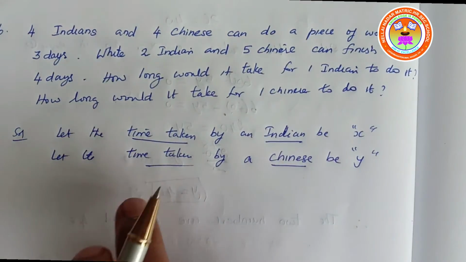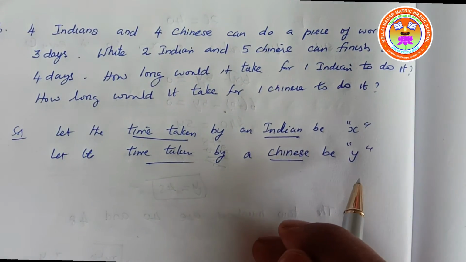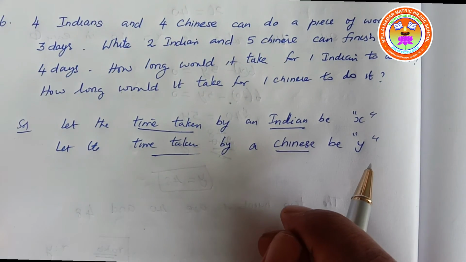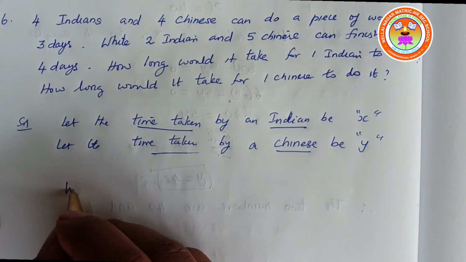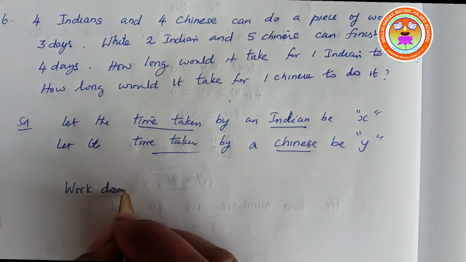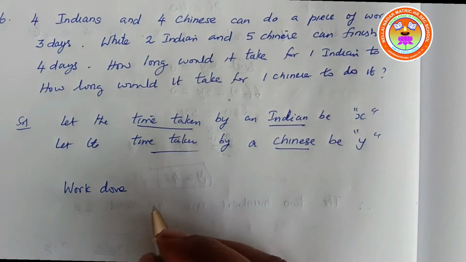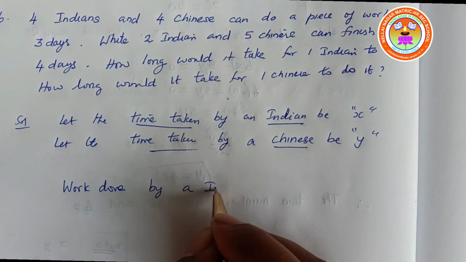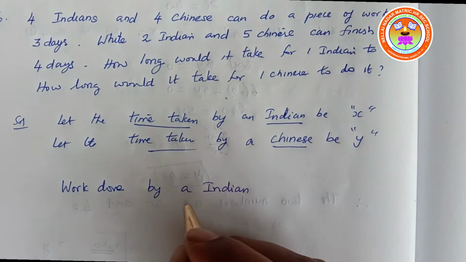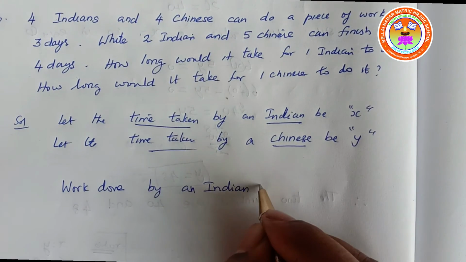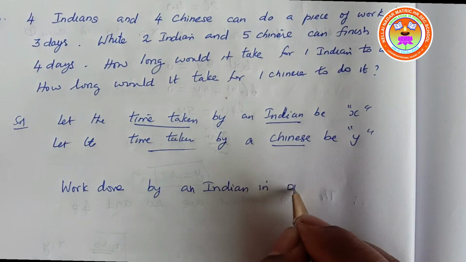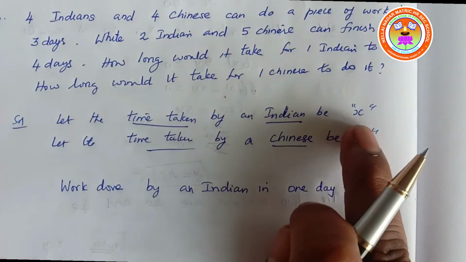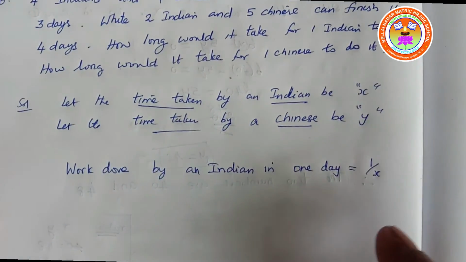Okay, this is time taken children. Then what about work done? Actually we have to find the work done. Work done by an Indian in 1 day. So time taken as x, work done is 1 by x.